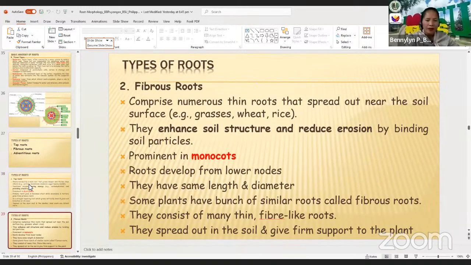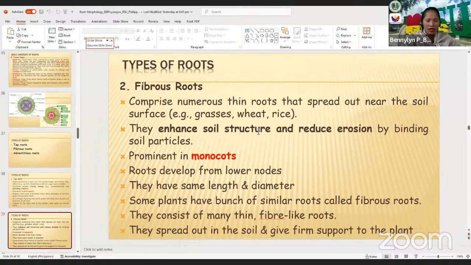For the fibrous roots, it's comprised of numerous thin roots that spread out near the soil surface. Examples are grasses, wheat, and rice. They enhance soil structure and reduce erosion by binding the soil particles. So how will it enhance soil structure? Take note that these fibrous roots, in terms of density and widespread within the soil horizon, can really enhance the soil structure.